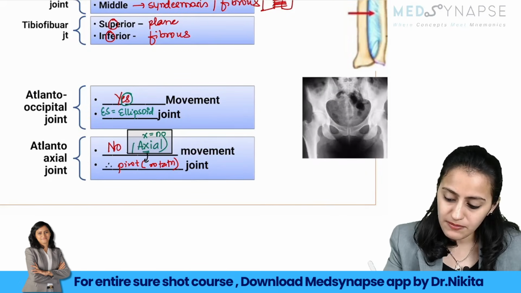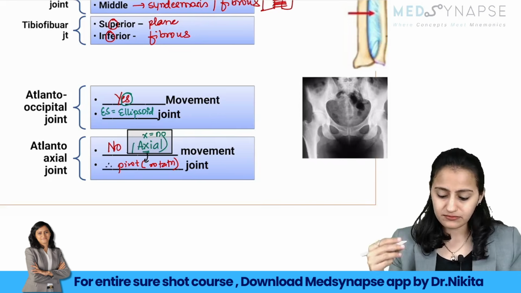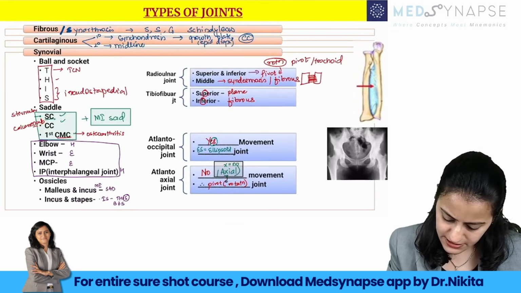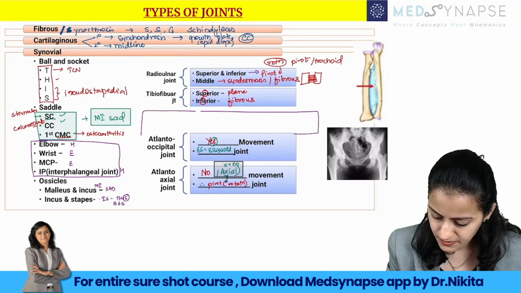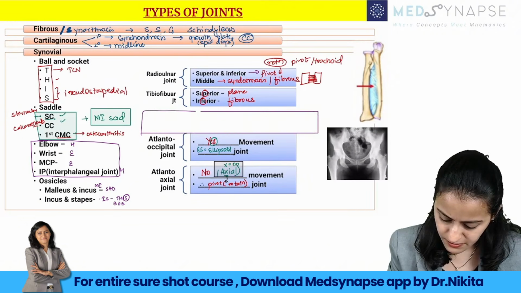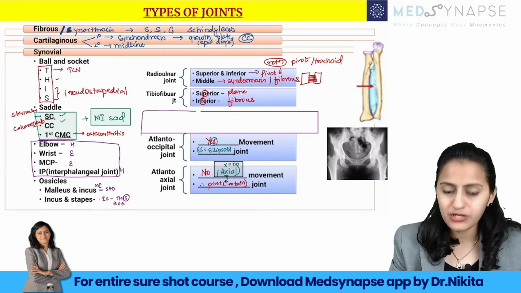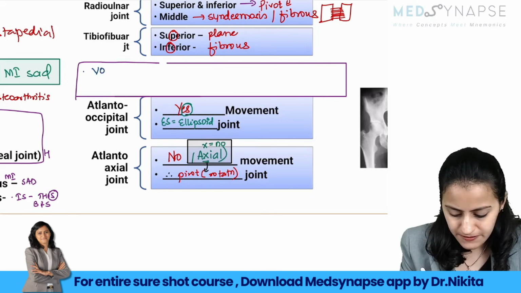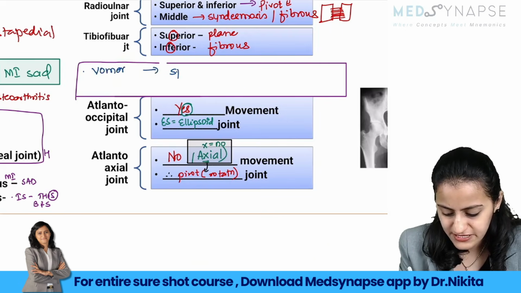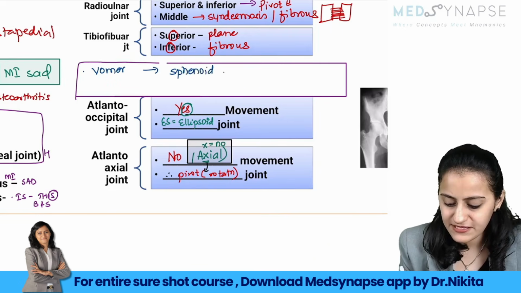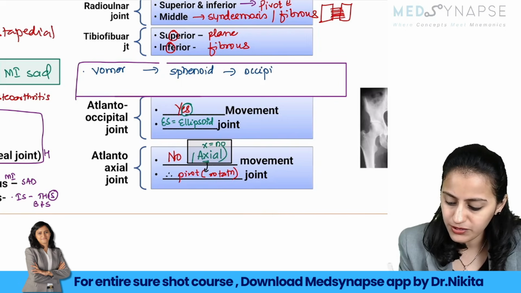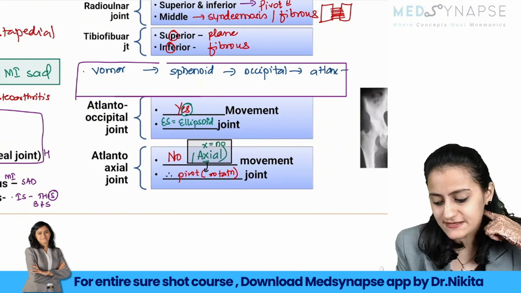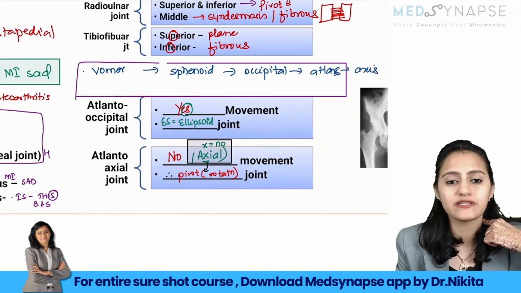If we talk about the joints in the skull, let me write it down here. Starting with the vomer, the articulation of vomer with sphenoid, then the sphenoid with the occipital bone, then the occipital bone articulating with the atlas, and the atlas articulating with axis.